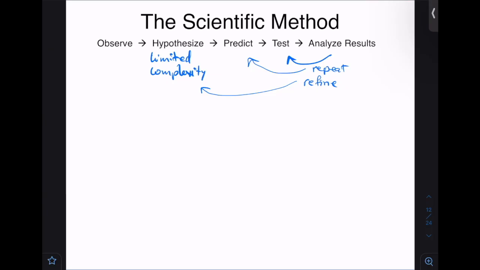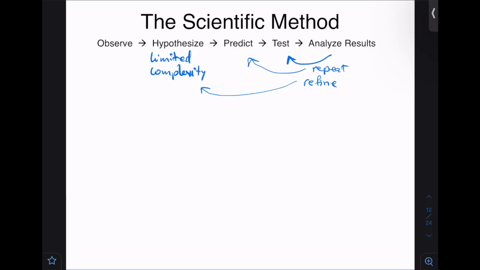The point being is that we need to repeat the experiments. Even if you don't make modifications, you never measure anything one time. Now that's not a fallacy, it's true. You can't learn anything by just measuring it once. However, when you do your laboratory experiments all semester long, you're probably going to only be measuring things one time.